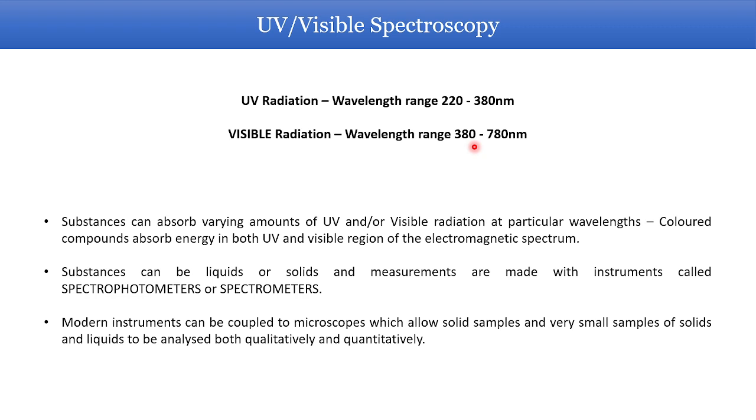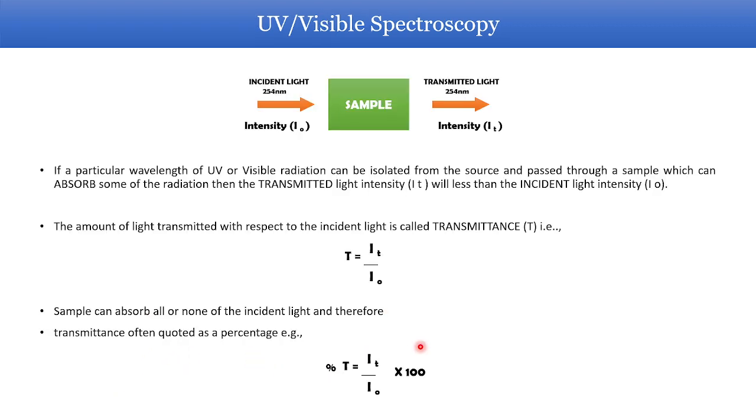Colored compounds absorb energy in both the UV and visible regions of the electromagnetic spectrum, and substances can be liquids or solids, and measurements are made with instruments called spectrophotometers. Modern instruments can be coupled to microscopes, which allow solid samples and very small samples of solids and liquids to be analyzed both qualitatively and quantitatively.